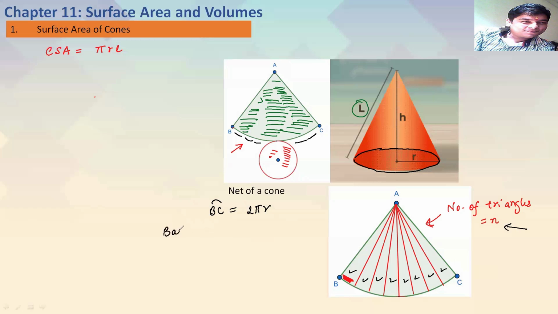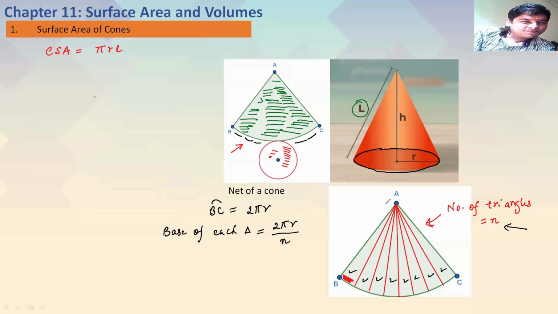The total was 2 pi r, wasn't it? We are dividing it into n equal triangles. The base of each triangle will be 2 pi r divided by n.